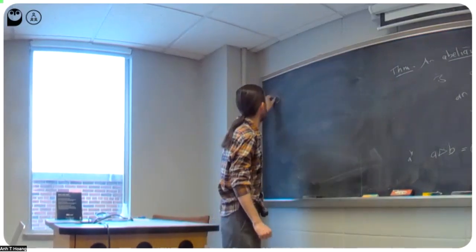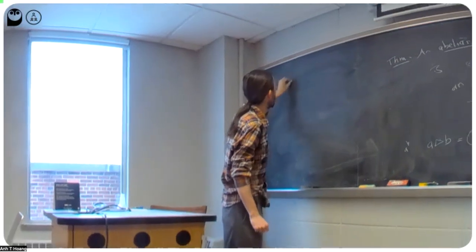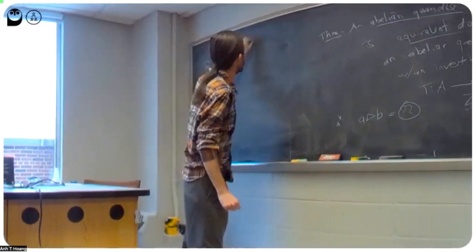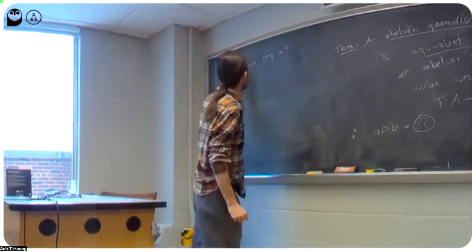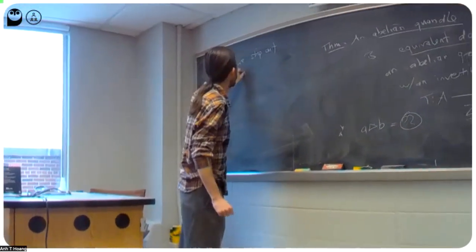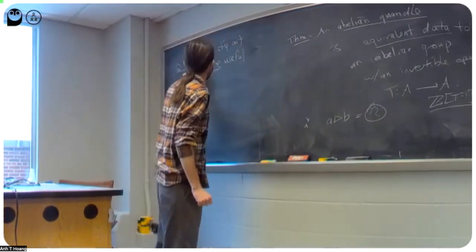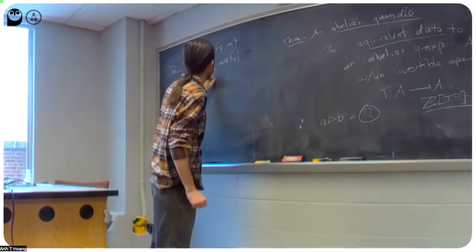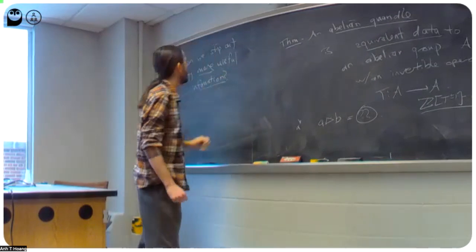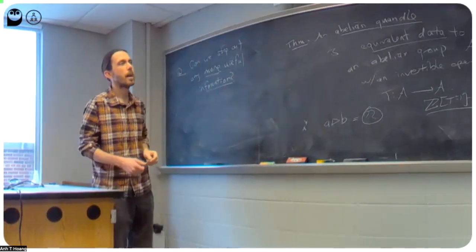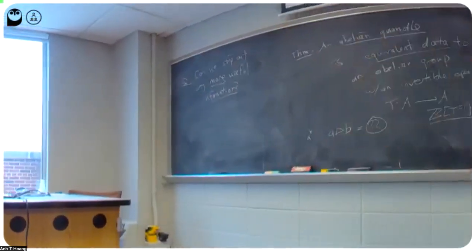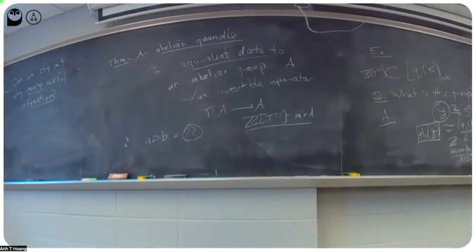So we might ask the question: can we strip out any more useful information? Namely, this here is an H1 group and it's an abelianization.